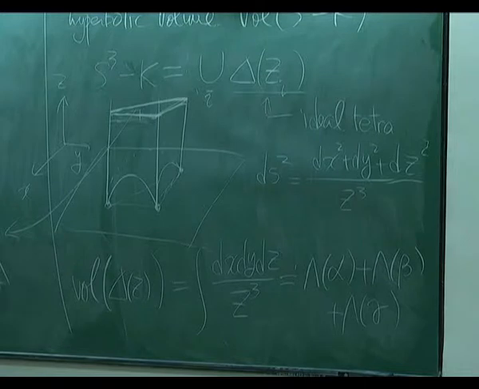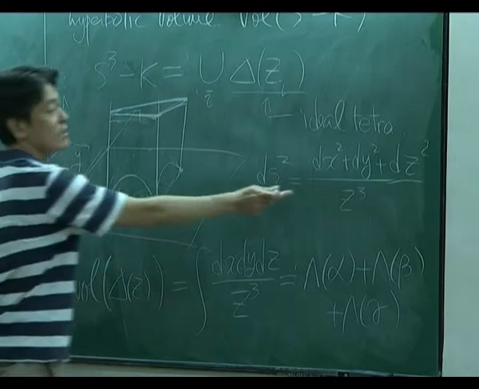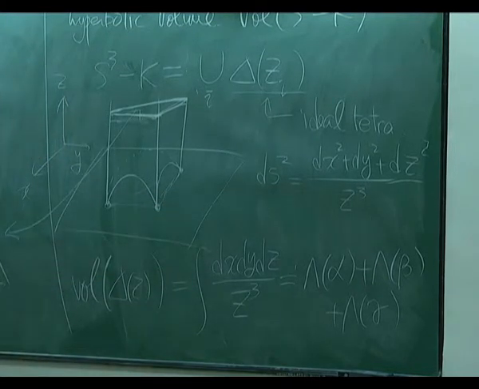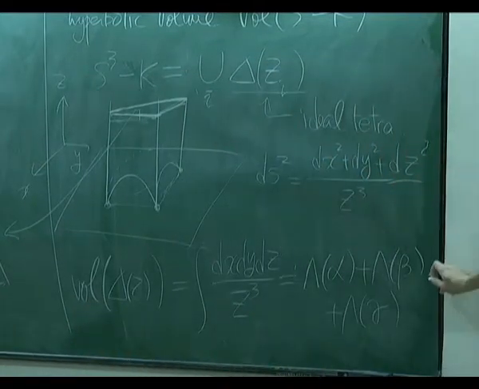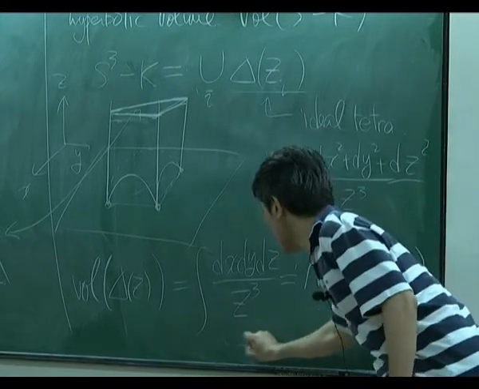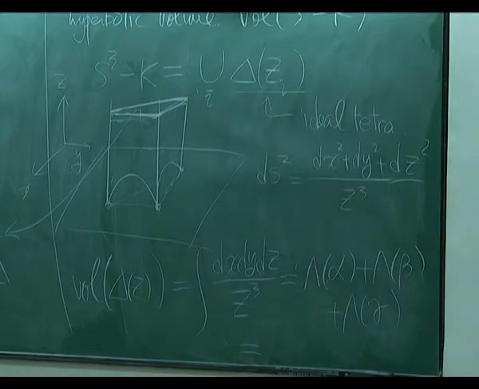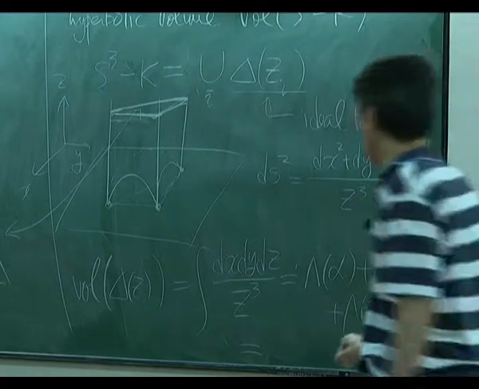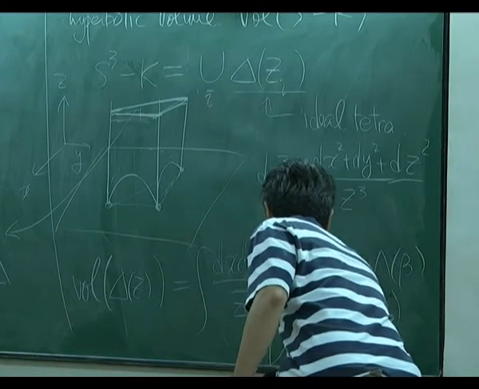And the metric is scale invariant. So the important fact is that this sum of three Lobachevsky functions can be written as one function, D of z.